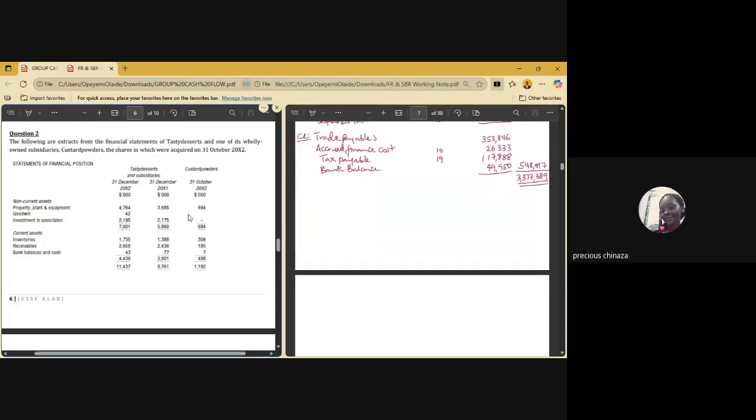The following are extracts from the financial statement of Tasty Desserts and one of its wholly owned subsidiaries, Costa Custard Powders, the shares in which were acquired on the 31st October 20x2. Statement of financial position. All figures are assumed to be correct. Sir, please can you scroll up?